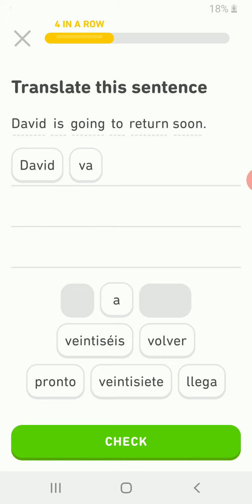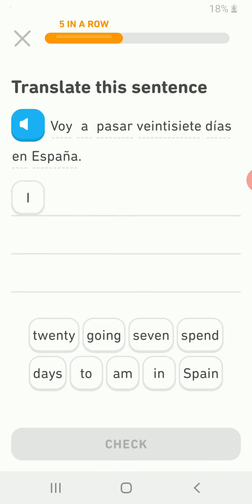David va a volver pronto. Voy a pasar 27 días en España. Voy a pasar. So I'm going to spend. Voy a pasar. So where is it?